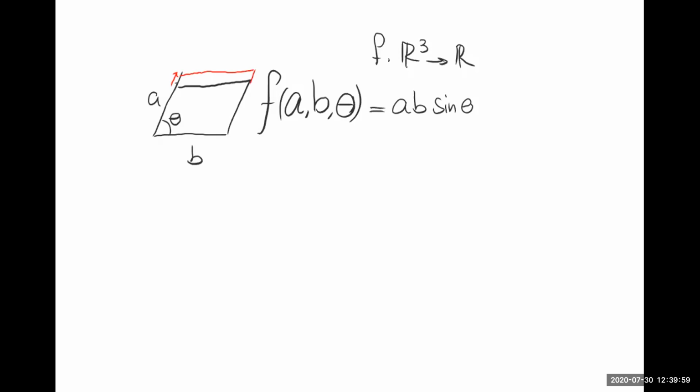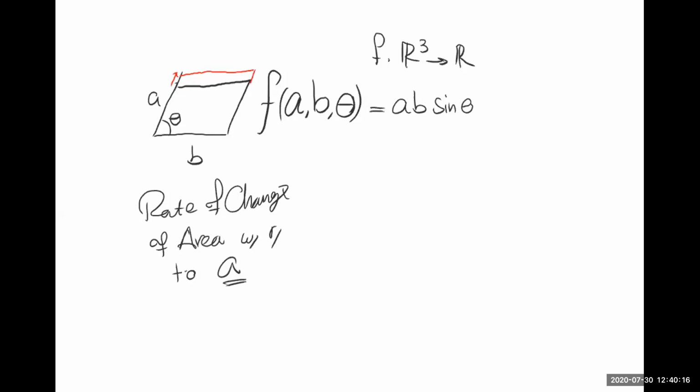What is the rate of change of area with respect to A? For example, when A is 10 and B is 20. When they ask us a question like this, it means we should take the derivative of this function with respect to A.